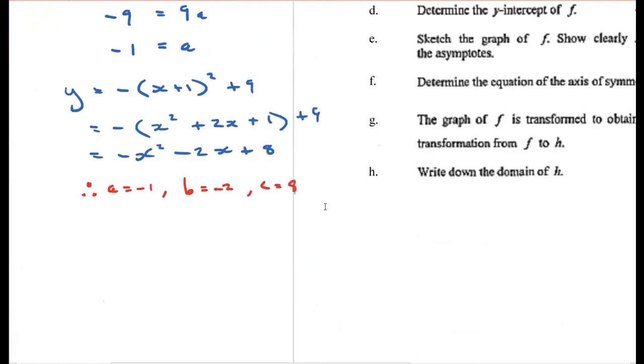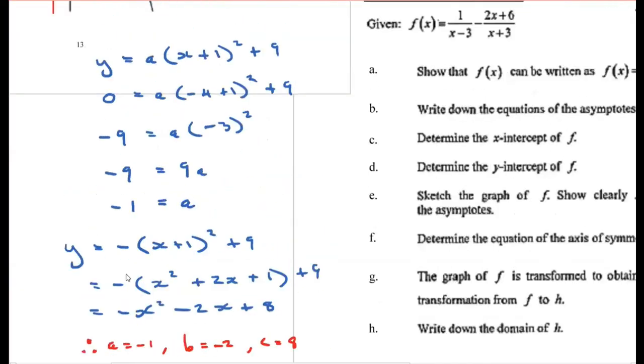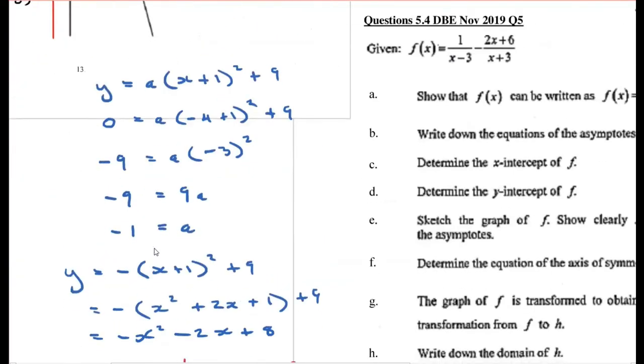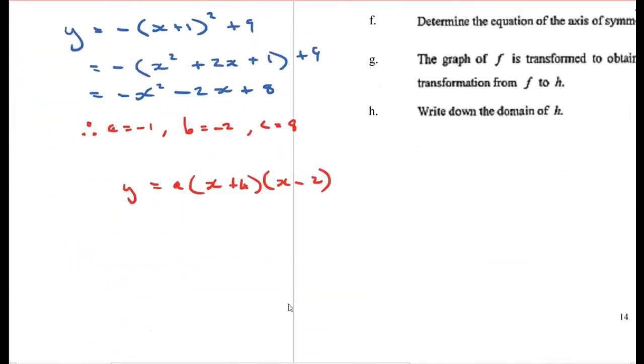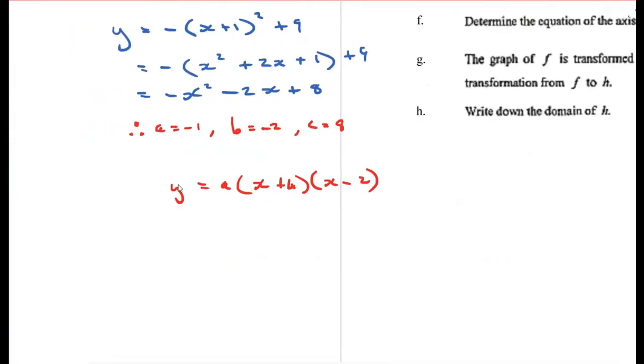Let's say we had subbed into the x-cut format. So again, a is unknown, and we're going to say (x plus 4) and (x minus 2). Remember, it's the additive inverse. Again, right now I need another coordinate, because you can see you've got 3 unknowns. Which coordinate haven't I used? If I use the x-cut format, I haven't used the turning point.